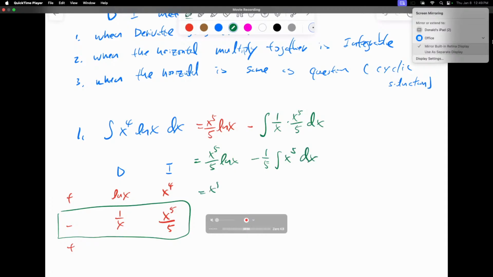So that's x to the 5 over 5 ln of x minus 1 over 25 x to the 5 plus c.